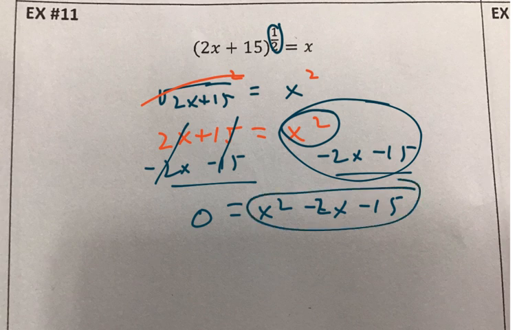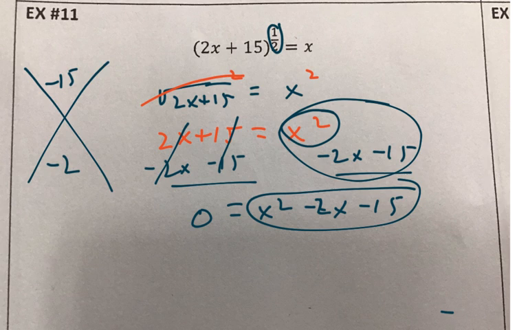And this, we should know we can solve by factoring. So that's what we're going to do. We need a negative 15 with a negative 2 in the middle. Negative 15 with a negative 2 for my sum in the middle. Well, 3 times 5, guys, is 15.